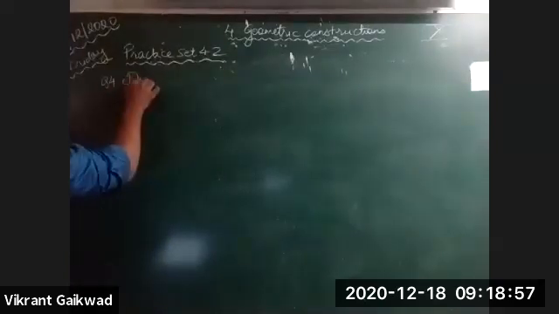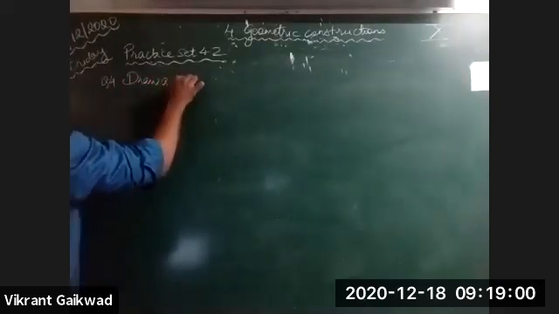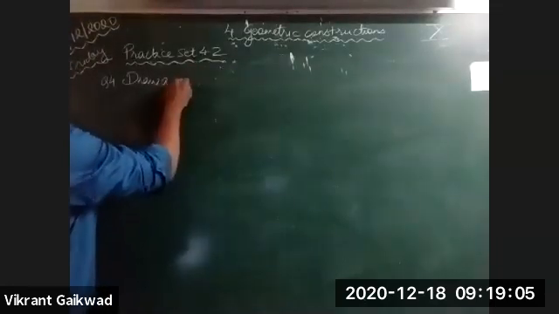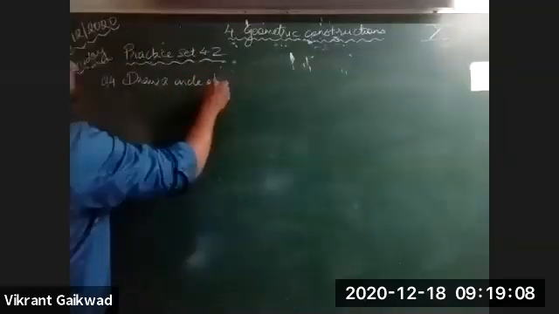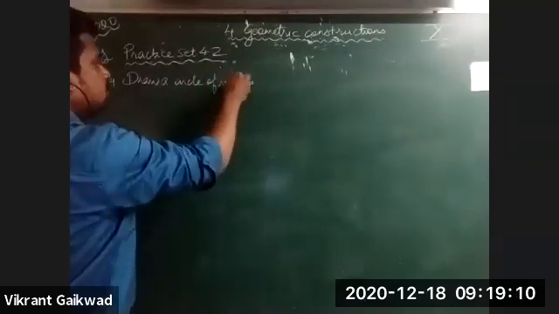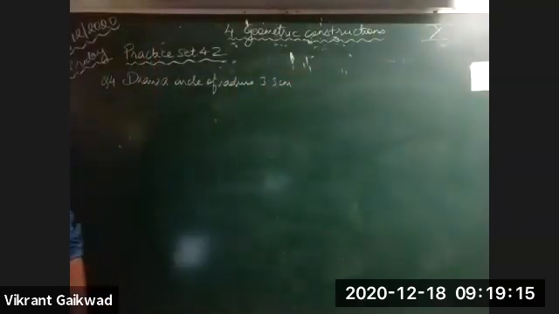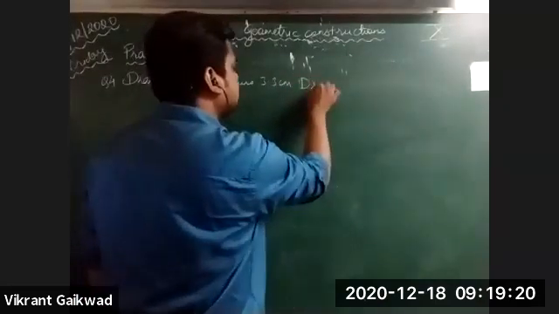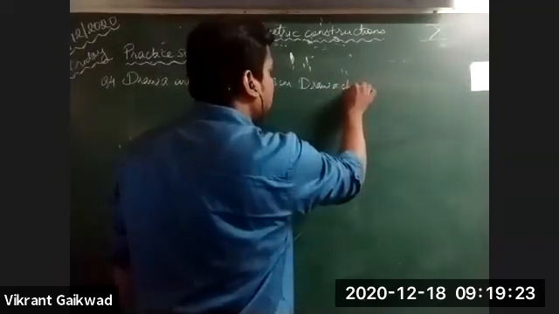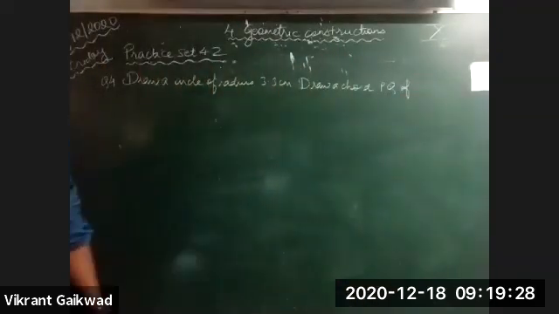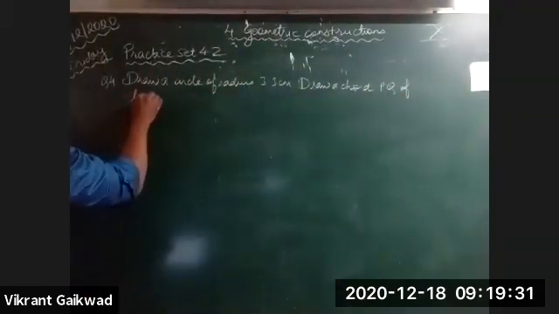Question number 4: draw a circle of radius 3.3 centimeters. Draw a chord PQ of length 6.6.